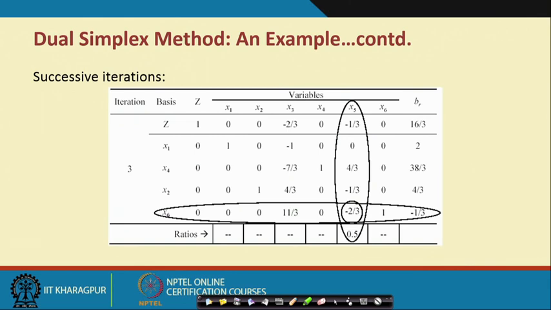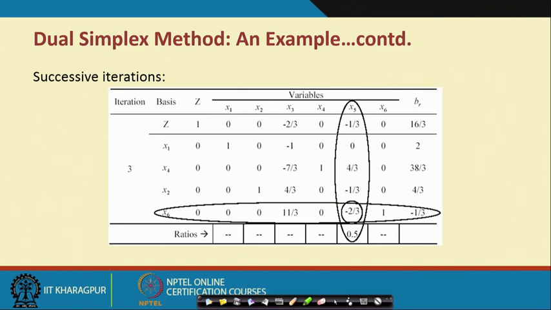So only one ratio is actually coming here, because x5 is having only a negative value. So again it is unique here, no extra effort required. So this is the indication about the outgoing, and this is the indication about the incoming. That means technically x5 will be coming in place of x6, and x6 will go from the basis matrix, and that too in place of x5.